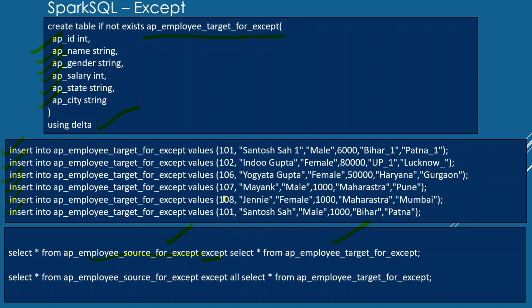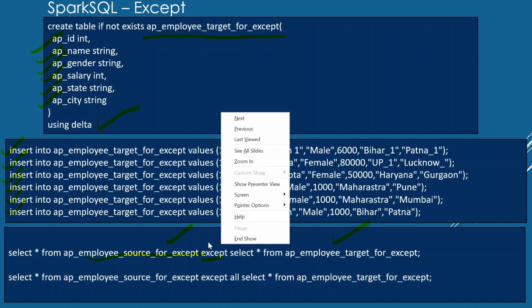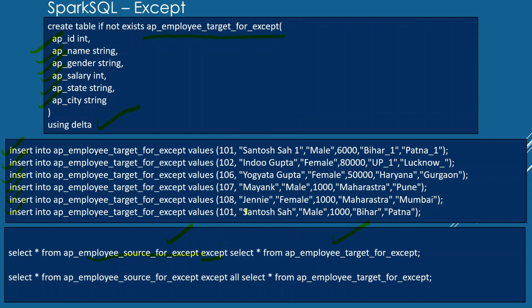It will take all the records which are present in the source table, and the records which are present in the other table will not be part of the records which are generated with the help of the except statement.